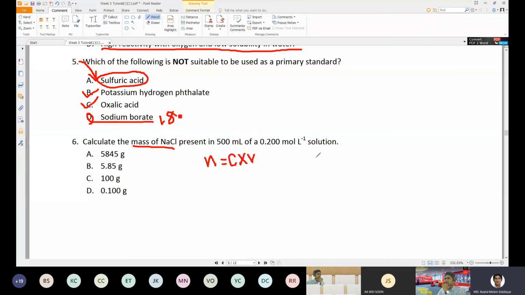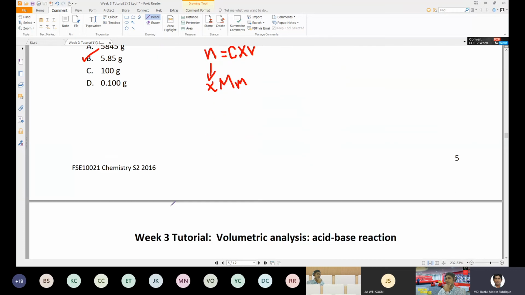Concentration is the number of moles per liter, and volume must be in liters, so we divide by 1000, which gives 0.5 liter. Once we know the number of moles, we multiply it by the molar mass of sodium chloride to find the mass, and in this case it will be 5.845.